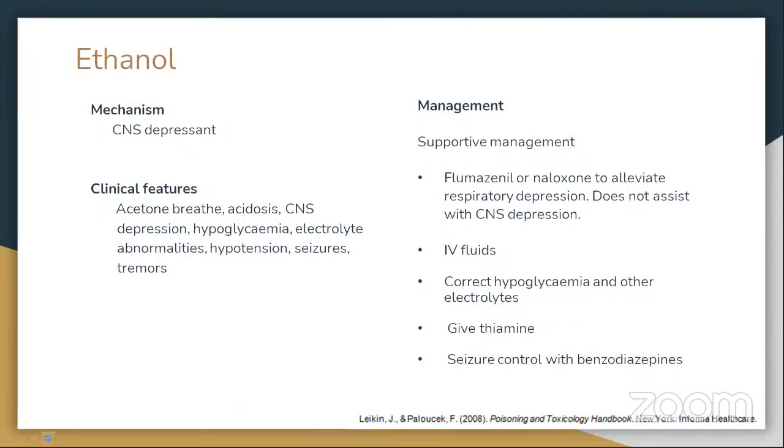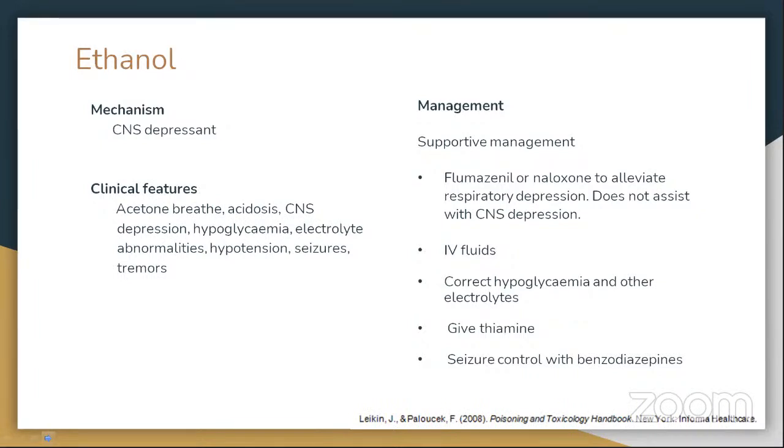Management is supportive. Again, your flumazenil or naloxone to alleviate respiratory depression. IV fluids, thiamine, correct hypoglycemia and other electrolytes, seizure control with benzodiazepines, and always remember the alcohol withdrawal syndrome afterwards.